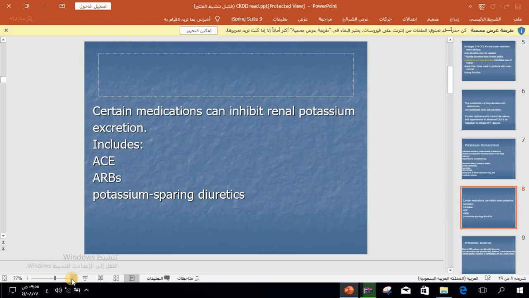Certain medications, especially ACE inhibitors, ARBs, and potassium-sparing diuretics, can lead to hyperkalemia. ACE inhibitors and ARBs are one of the main lines of therapy of CKD. But when we give these medications, we have to keep an eye on potassium to keep it in the normal range, below 6.